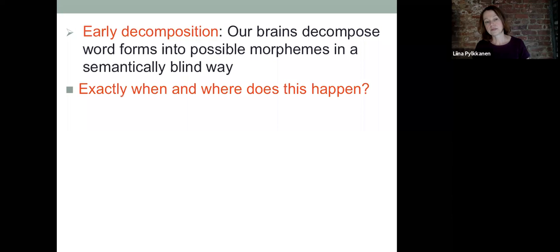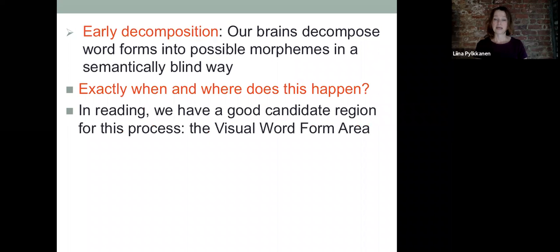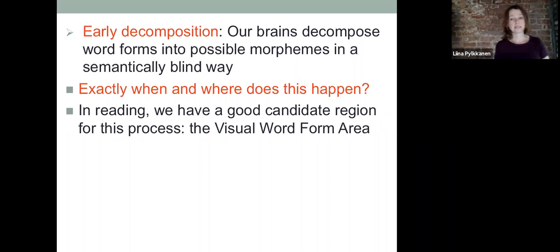And so now, armed with this behavioral finding, we can ask the question exactly when and where this actually happens in the brain. In the visual modality, we actually have a really good candidate region for the process, the visual word form area, because in some sense this finding is telling us something about the nature of the forms that we search for in those early processing stages.